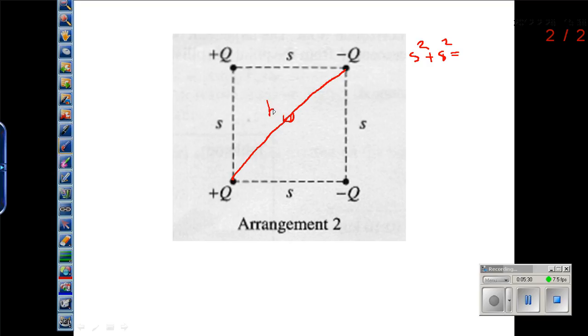So we'll just call this h for now. So we would say s squared plus s squared equals h squared, which means 2s squared equals h squared. Solving for h by taking the square root of both sides gives you square root of 2 times s equals h. Now r is only half of h, so we need to divide by 2. So let's just take h divided by 2, and that will equal r.